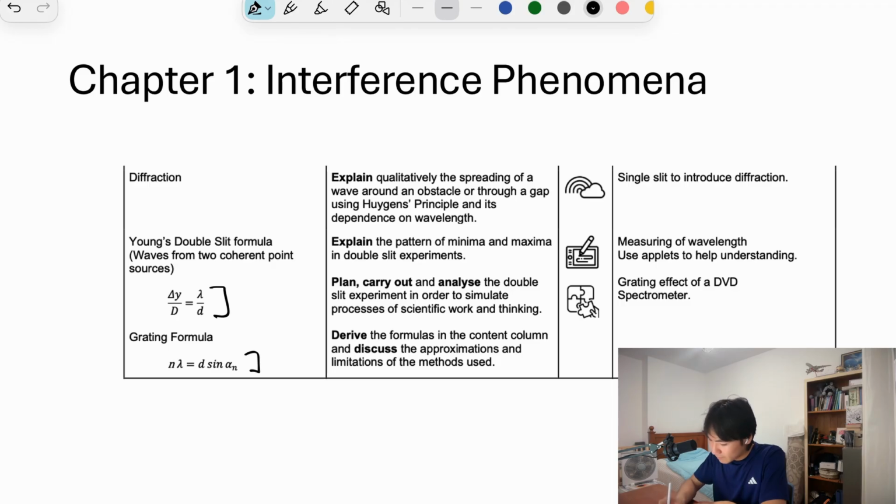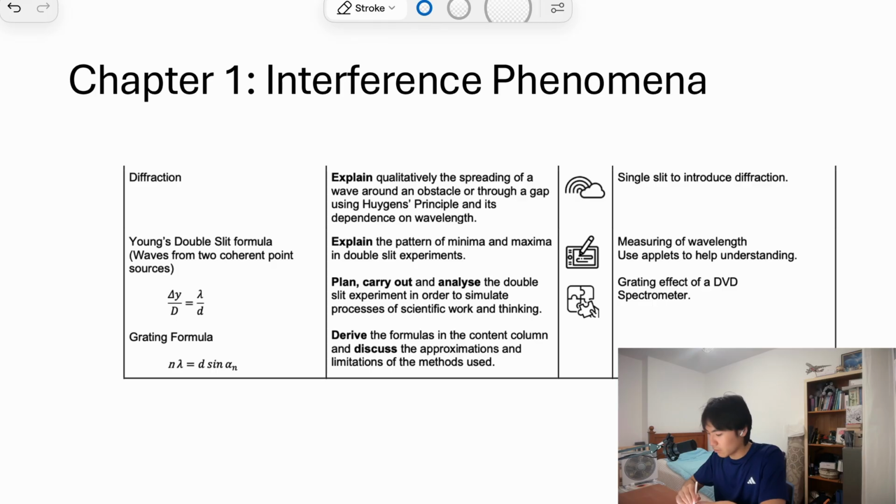By the end of this class, you should be able to explain qualitatively the spread of the wave around the obstacle through the gap using Huygens principle and its dependence on wavelength. Explain the pattern of minima and maxima in the double-slit experiment. Plan, carry out, and analyze a double-slit experiment in order to simulate the process of scientific work and thinking, and derive formulas, which are these two formulas here, and discuss the limitations and the approximations used. Right? By the end of the class, you should be able to do all of it.